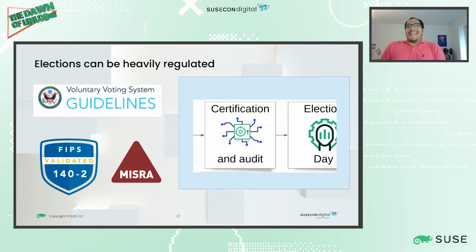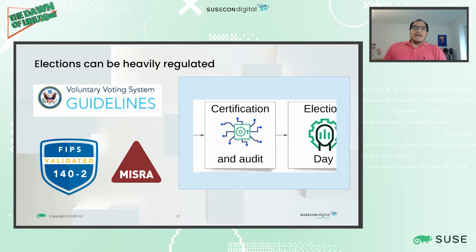So an election is, basically, elections are regulated one way or the other. And for the Philippines general elections, we had to go through what we call the VVSG, the Voluntary Voting System Guidelines.